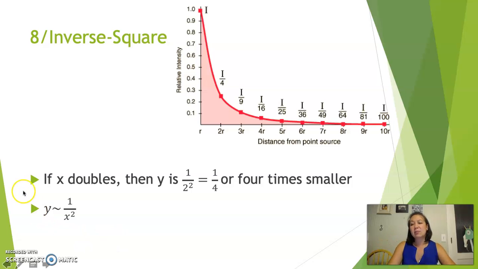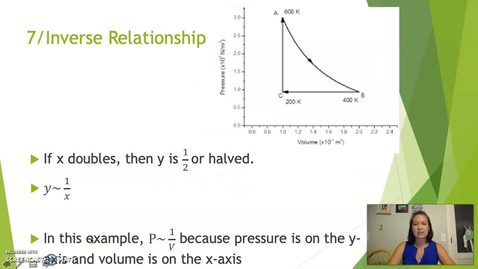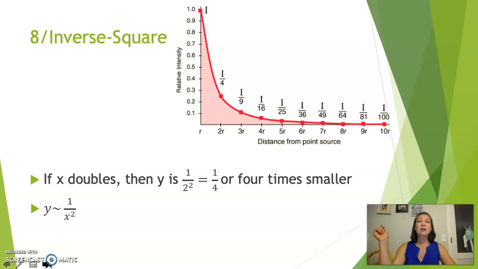An inverse square means that if x doubles, then y decreases, but much more drastically than an inverse. In an inverse, if x doubles, like the volume goes from 1 to 2, then the pressure gets cut in half. It goes from 3 to about 1.5. An inverse square is more drastic.